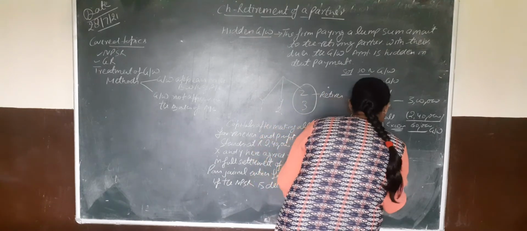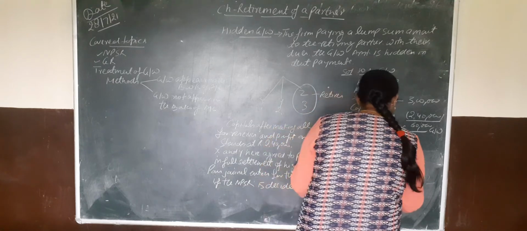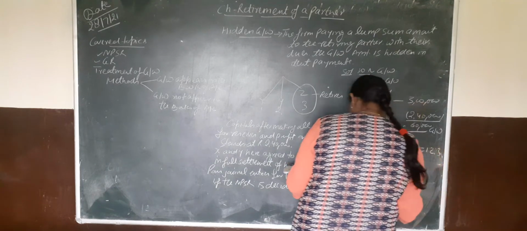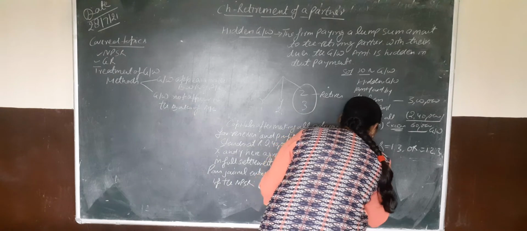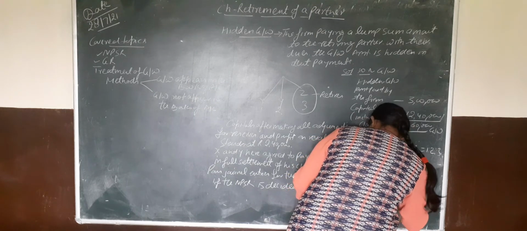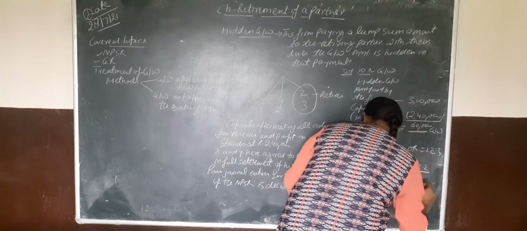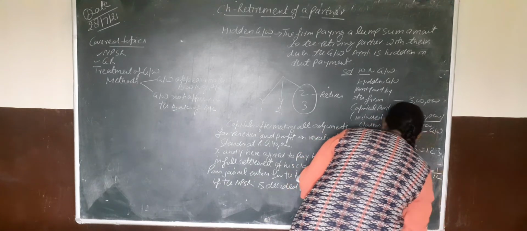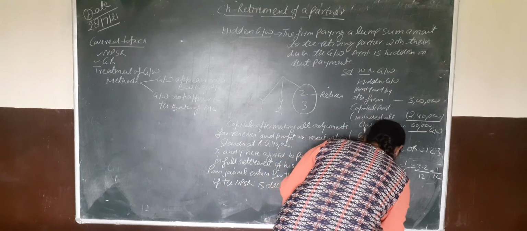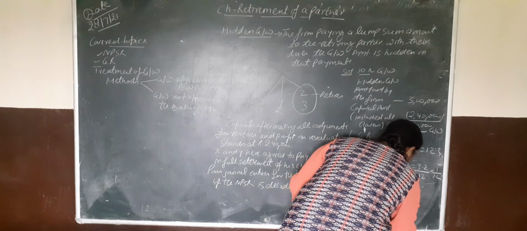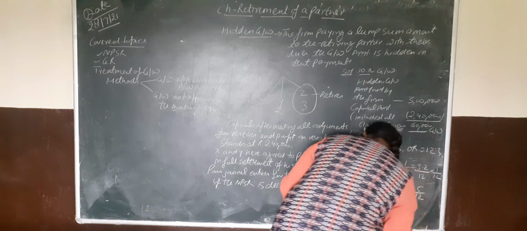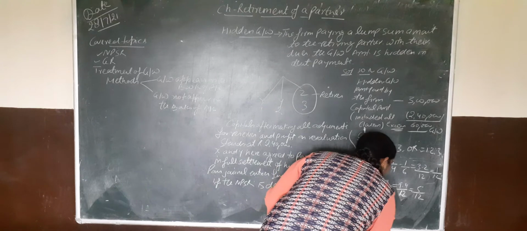New ratio is 1:3, old ratio is 1:2:3. X's gain is 1/4 minus 1/6, which is 3 minus 2 upon 12, that is 1/12. Y's gain is 3/4 minus 2/6, which is 9 minus 4 upon 12, that is 5/12. So the gaining ratio will be 1:5.